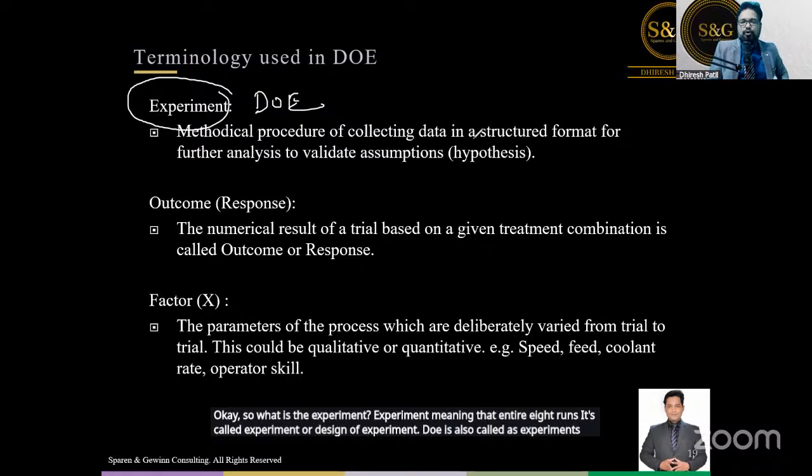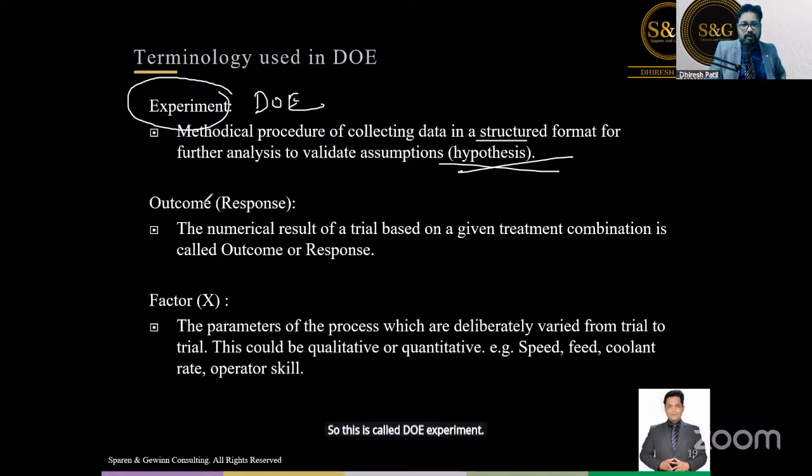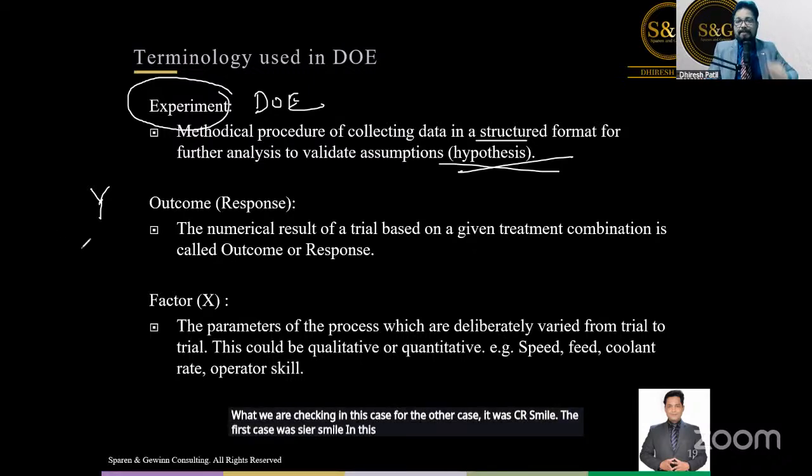A methodical procedure of collecting data in a structured format for further analysis to validate an assumption or hypothesis. So this is called DOE, the experiment. The outcome is nothing but the Y, what we are checking. In the first case it was CR smile. In this case, it was KMPL, which is the mileage of the automobile.